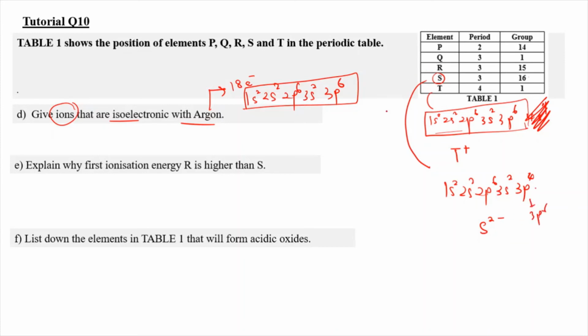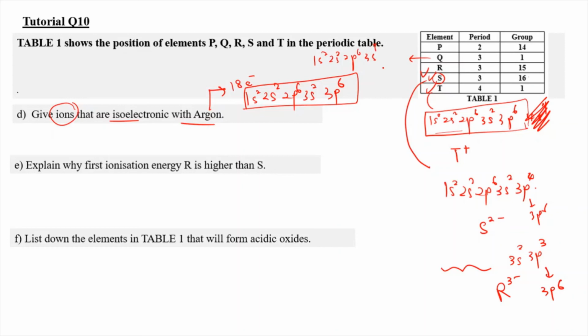And for R, a similar thing, you're going to have 3s2, 3p3. The others are the same. So R is going to receive 3 electrons in order to become 3p6. So R, S, and T can become isoelectronic with argon. For Q, we usually have 1s2, 2s2, 2p6, 3s1.